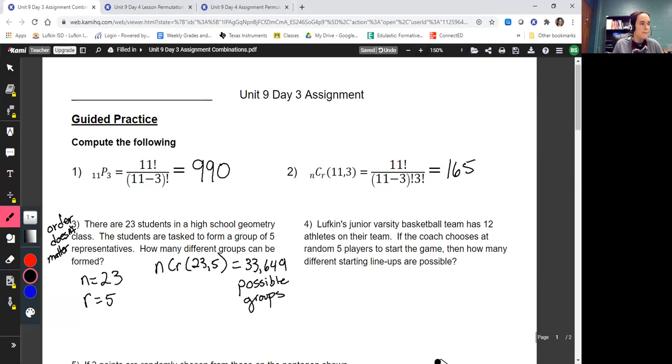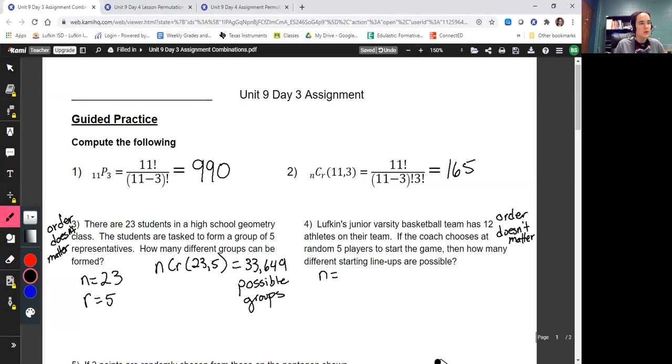The next one, Lufkin's junior varsity basketball team has 12 athletes on their team. If the coach chooses at random 5 players to start the game, then how many different starting lineups are possible? So these are just groups. They're not assigning positions to the players, so order doesn't matter. So we're using a combination.